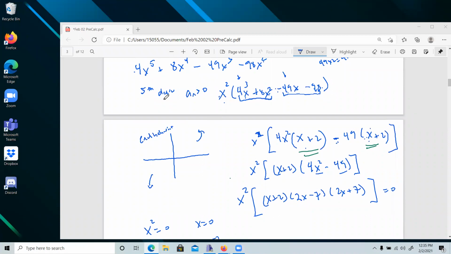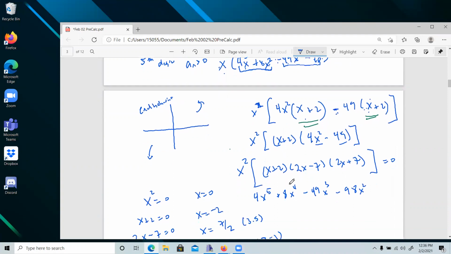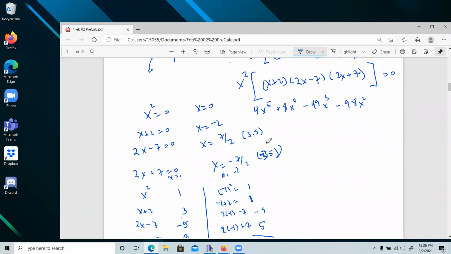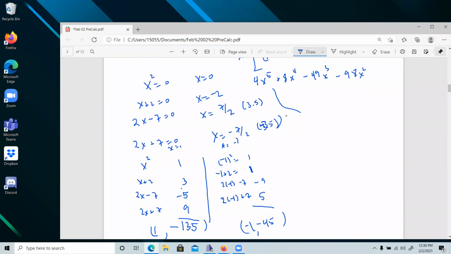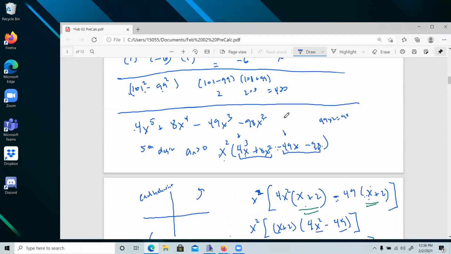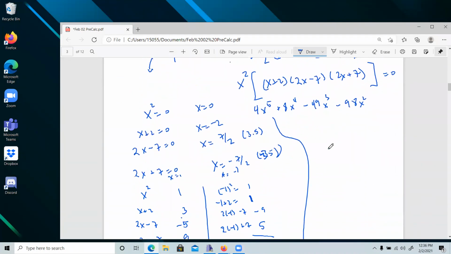So here's our original problem, right? 4x to the 5th plus 8x to the 4th minus 49x cubed minus 98x squared. So that's the other nice thing: if you have two different representations, we can work this two different ways. So let's check this out.